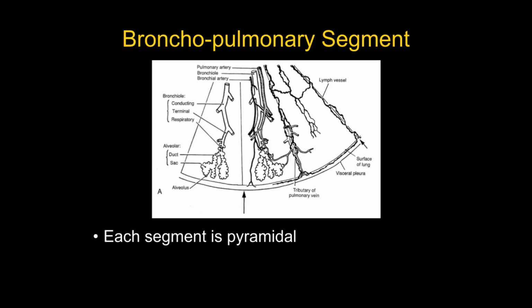So each wedge supplied by a bronchopulmonary segment is a pyramid of tissue. So each is comprised of a pulmonary artery, a bronchiole for that BPS, and a bronchial artery as it terminates into the periphery into alveoli.